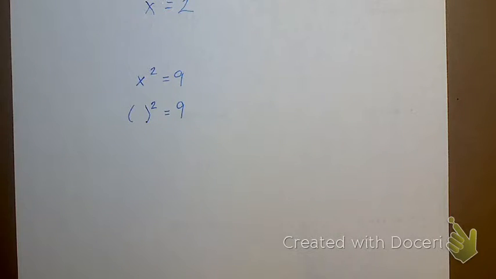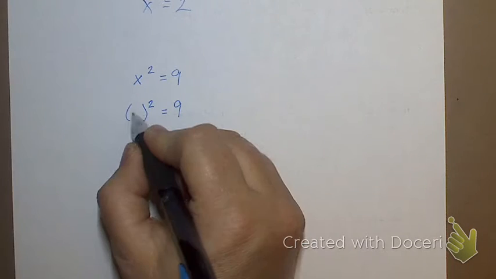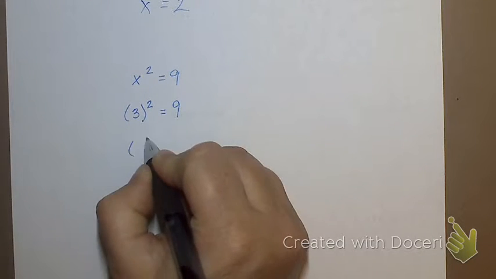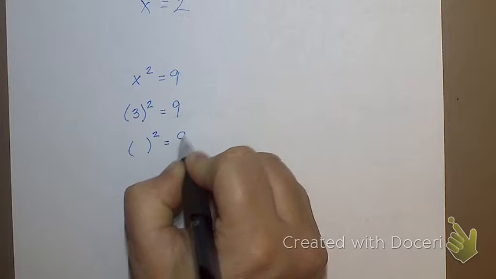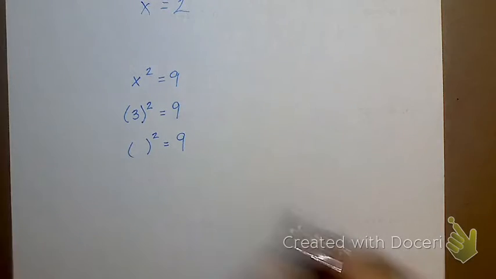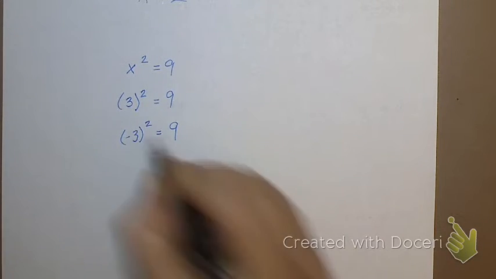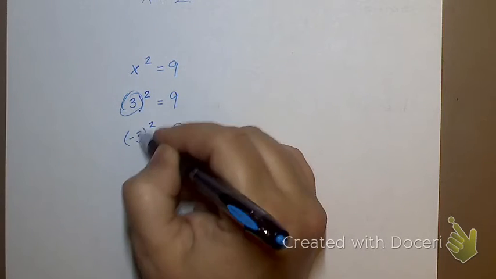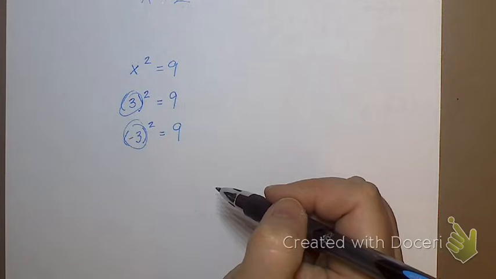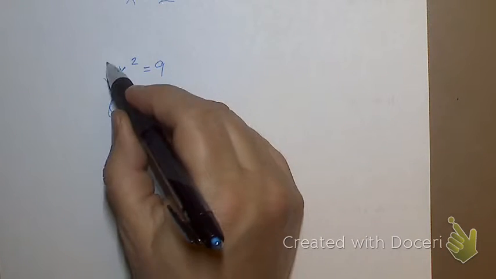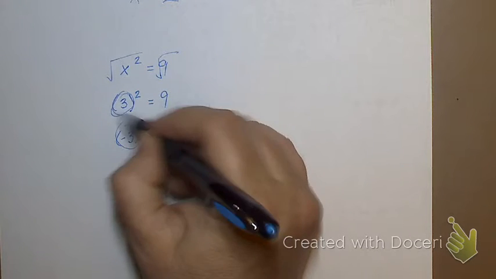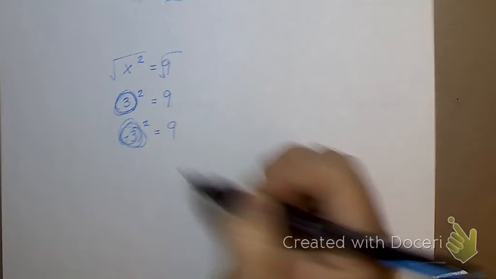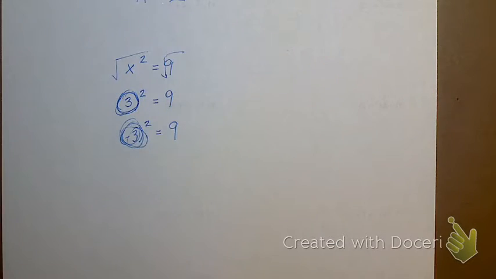Well, what would that answer be? 3, correct? However, there's another number that when you square it also gets you 9. Negative 3 squared also gets you 9. So there's actually 2 answers to this problem. Does that make sense? So when I square root both sides, I have to talk about both the positive and the negative number that will give me that result. That's why I have to put a plus or minus in there.